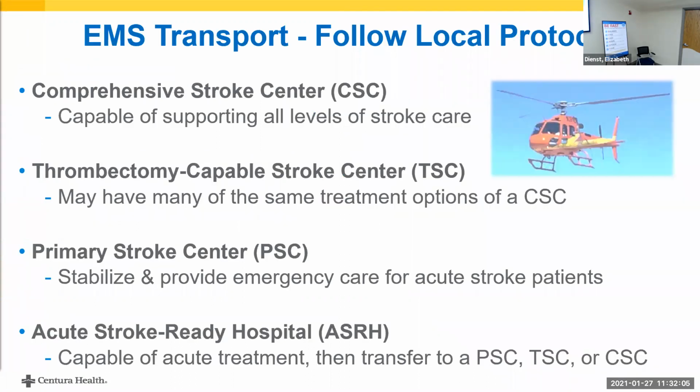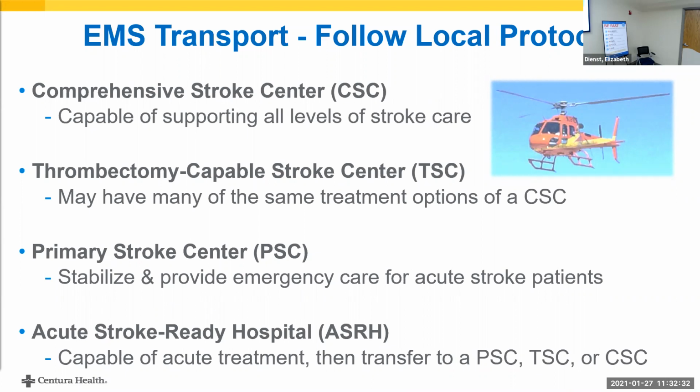So again, following your local protocol, if you're in a rural location, you're going to go to your access hospital that's going to be your stroke ready, and then they're going to be shipped on to either a primary stroke care center if they don't need thrombectomy care or coiling or clipping, any kind of endovascular procedure, then them going to a primary stroke care is just fine.